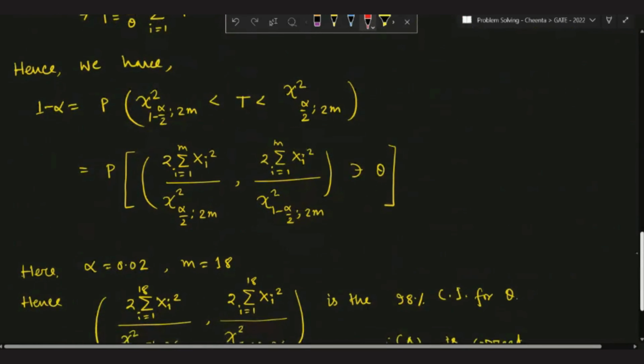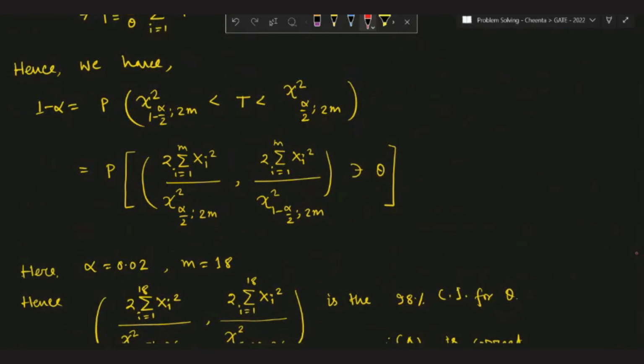So now, from the property of chi-square distribution, this is the chi-square distribution. This is the upper 100(1 minus alpha) percentile, and this is the lower alpha percentile. So this area is alpha by 2. This area is also alpha by 2, and this area is 1 minus alpha.